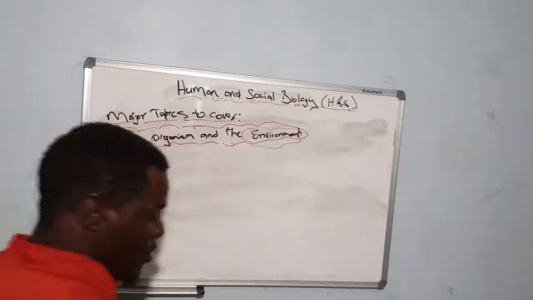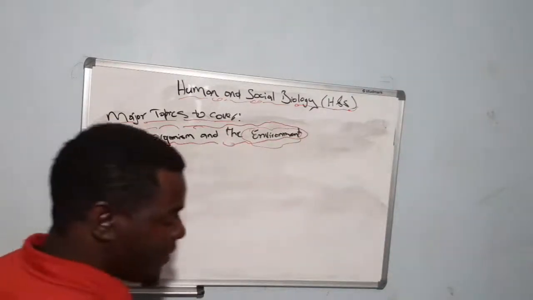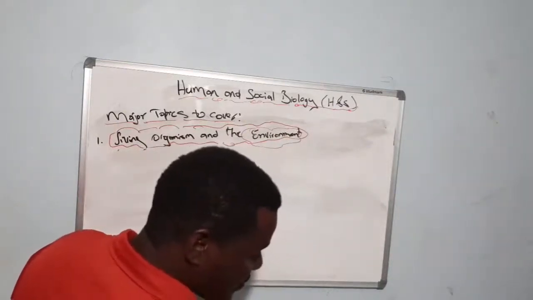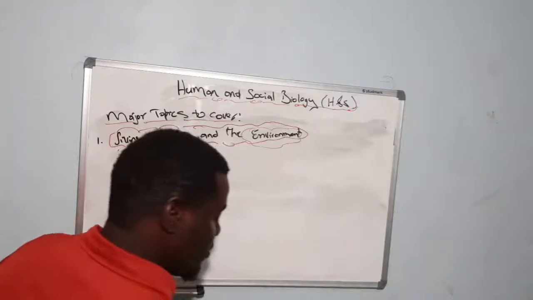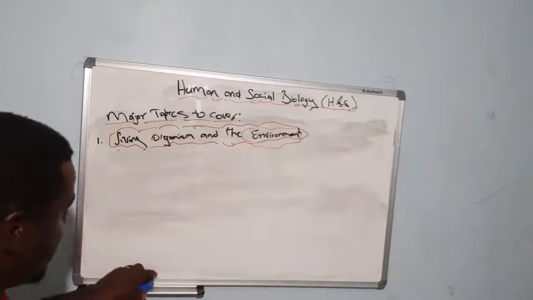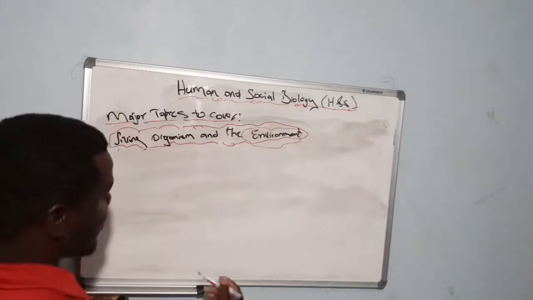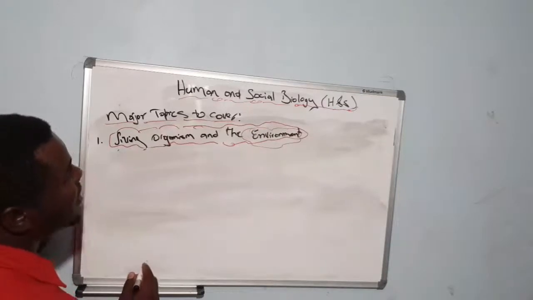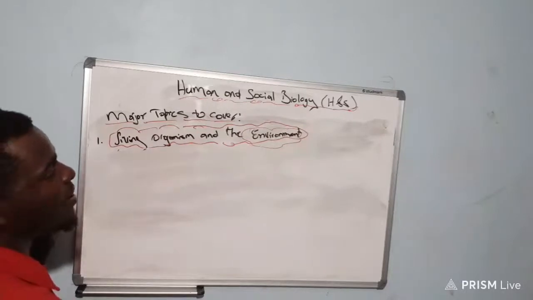So first up, we have characteristics of living things. There are 7 characteristics of living things. Just always remember, for instance, if you go to church or you read your Bible, you would have noted 7 is God's perfect number.